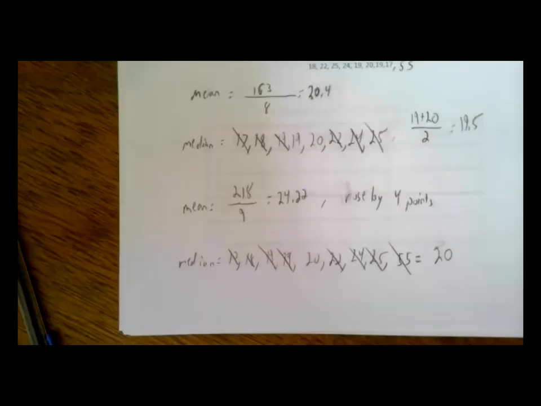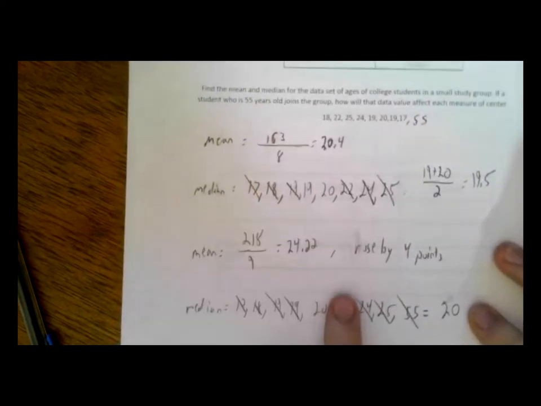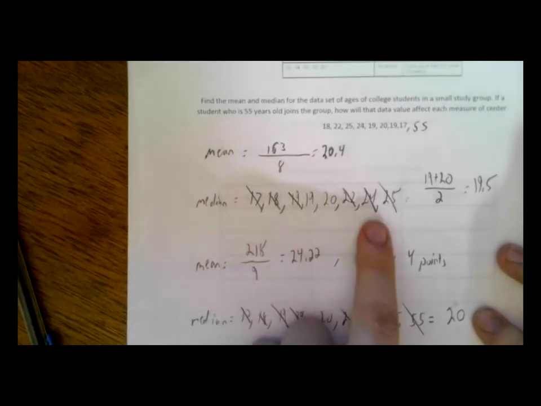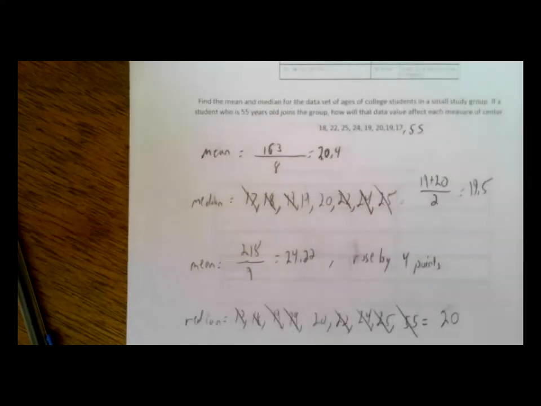Right. So sometimes the mean is not necessarily as helpful because it's affected by these big numbers like this 55. You see how it's really skewed now, where that 24.22 is actually greater than over half the people, right? Only 25 and 55 are above 24.22. So maybe it's not the best indicator of a center in some cases when you have these things called outliers.